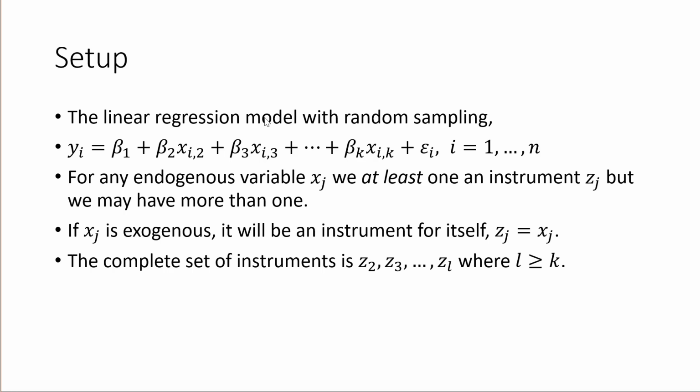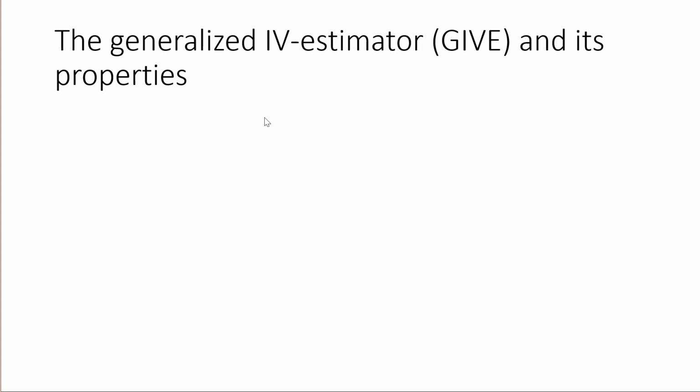But when l is greater than k, we can actually apply a different estimator called the Generalized IV Estimator. Again, we need matrix algebra to really express the formula for the GIV estimator. It does look different than the IV estimator, and again, we just have to trust that they are correctly programmed into econometric software.